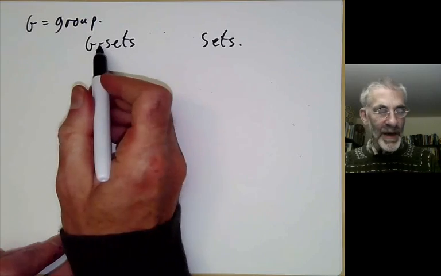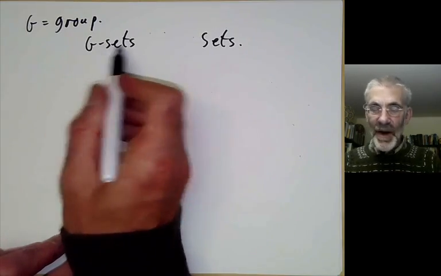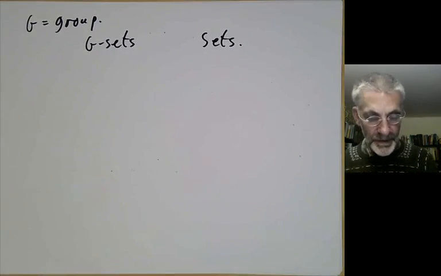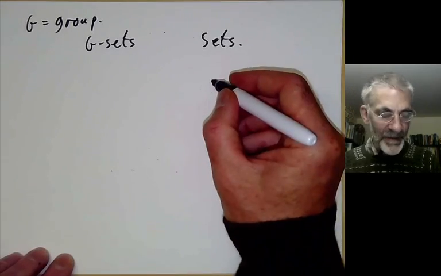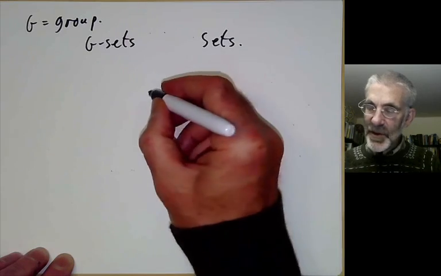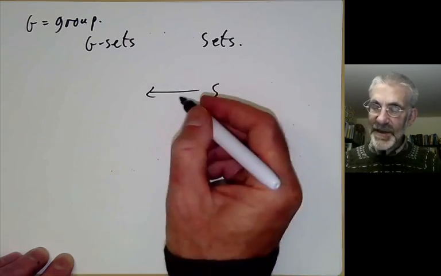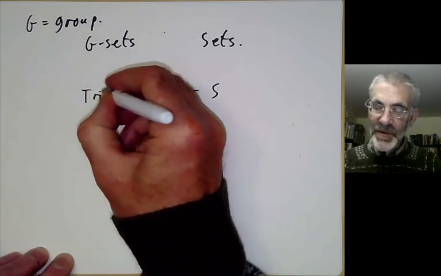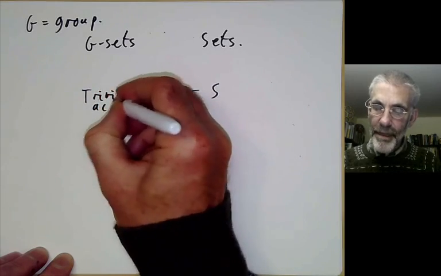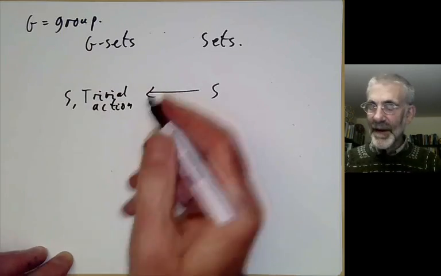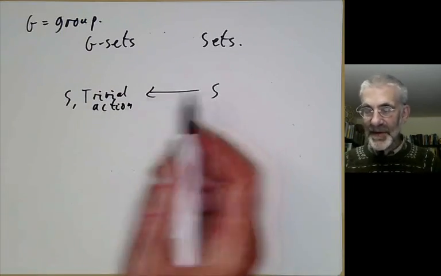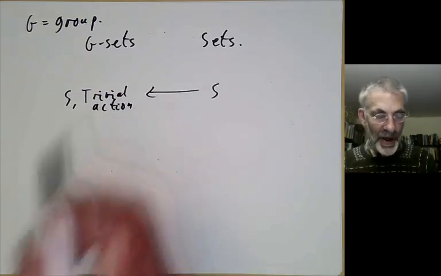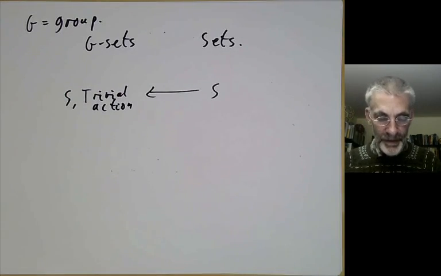So a G set is just going to be a set acted on by the group G. And now if you're given a set S, there's an obvious way to get a G set. You can just take S with a trivial action. And that turns any set into a set acted on by G in a not terribly interesting way.